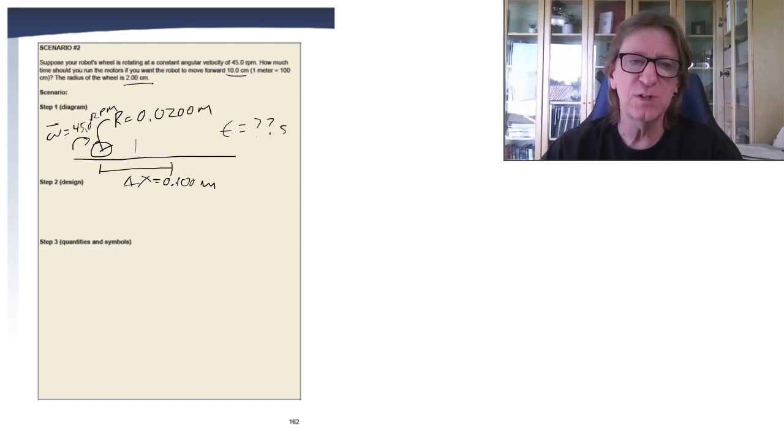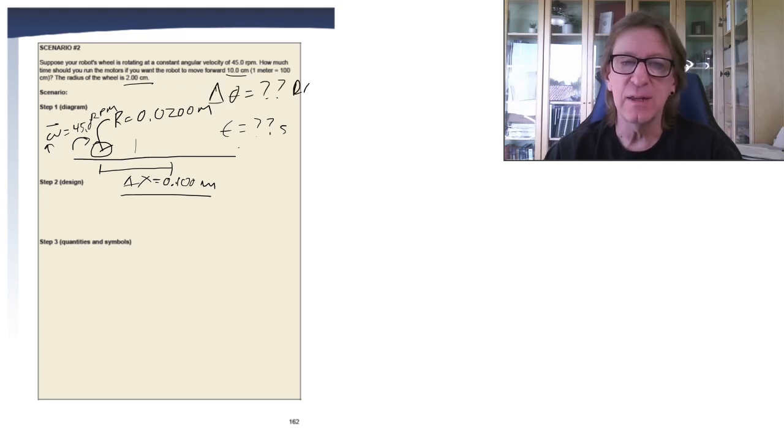So first of all, I want to know how many rotations are in 0.10 meters, because what I'm going to get from my rotational kinematics is I'm going to use my delta theta in radians to figure out what that time is.